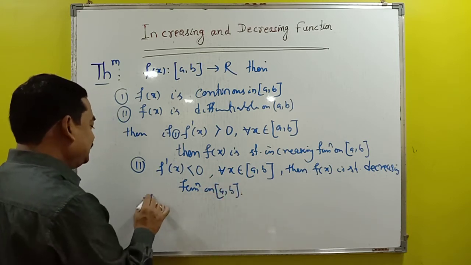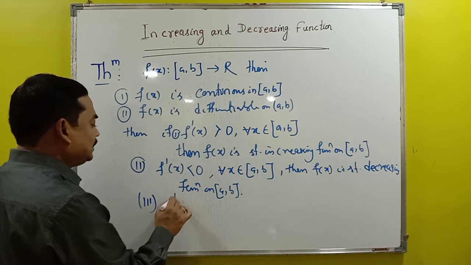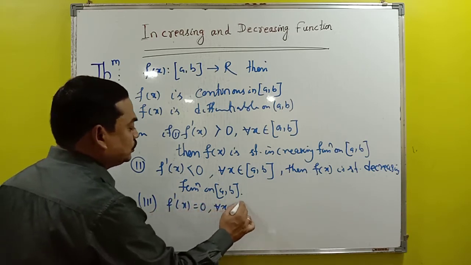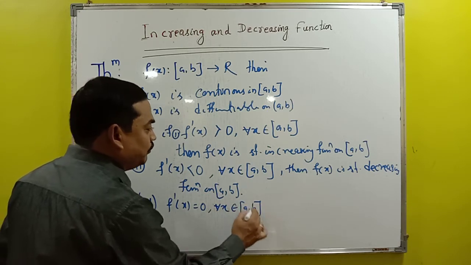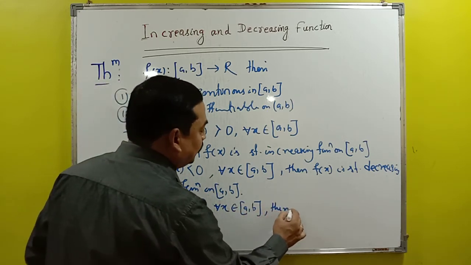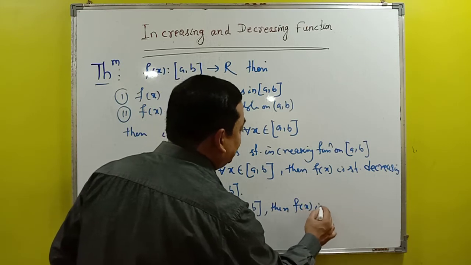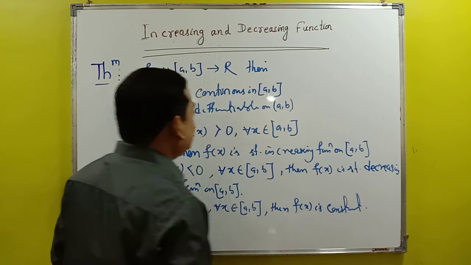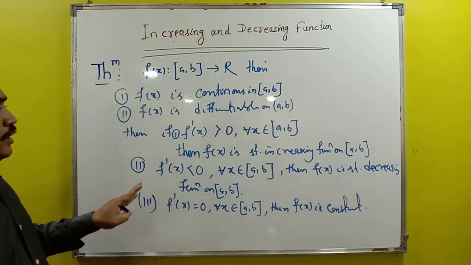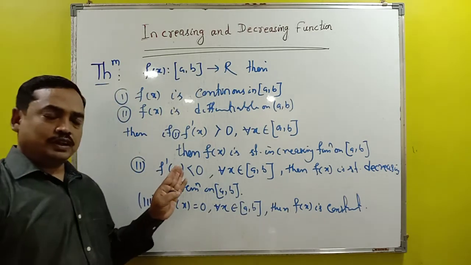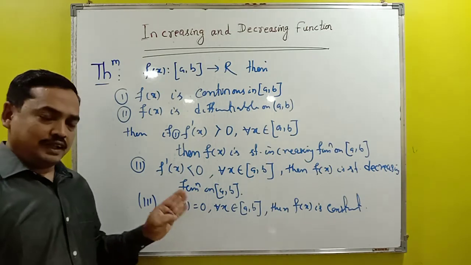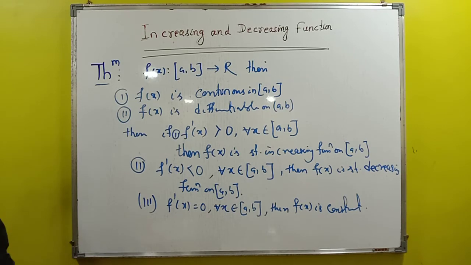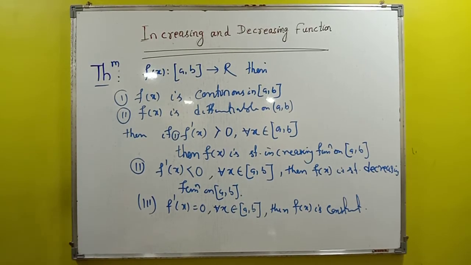And third point, if f dash x is equal to 0 for all x belonging to the closed interval a b, then f of x is constant. So this is the theorem, by which we can test whether a function is increasing or decreasing. This theorem is very important and you have to remember it.